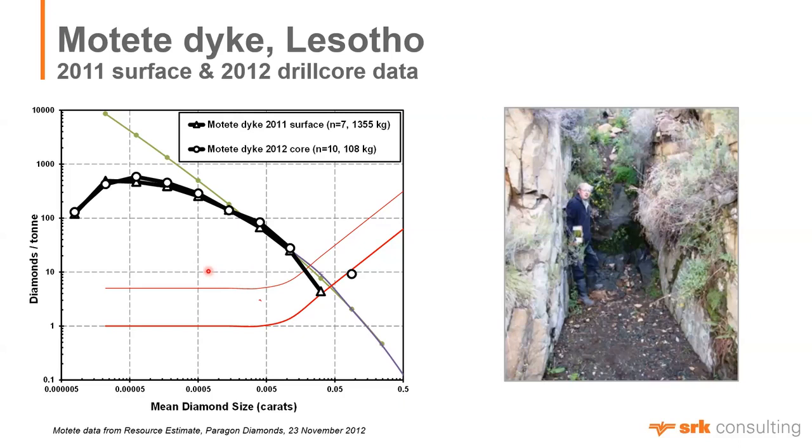But there's an interesting interpretation in this case. In the background, there's a benchmark curve that fits this tangent over here. And that benchmark curve is 4.63 carats per ton.